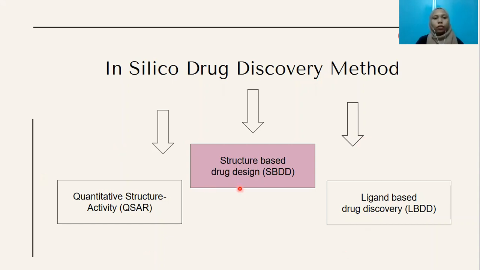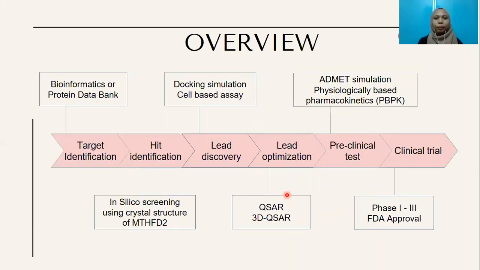However, I chose structure-based drug design, which is SBDD, since the structure of the receptor of our target is known. This SBDD is also a drug design method based on the enzyme pocket structure of the target protein, which will be helpful in this colon cancer drug discovery.